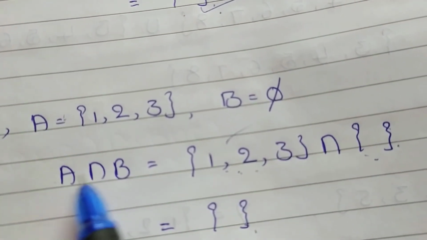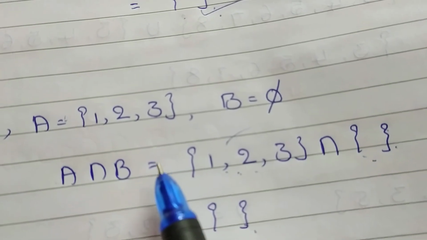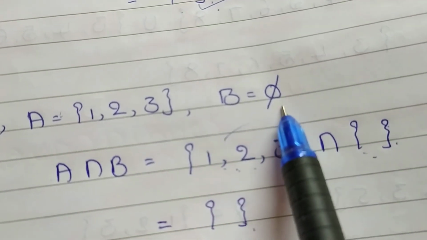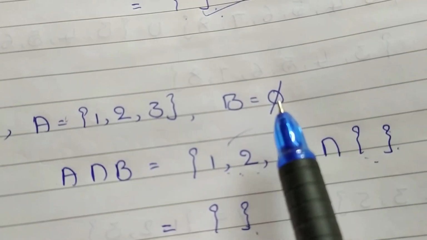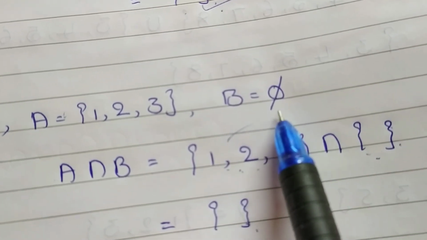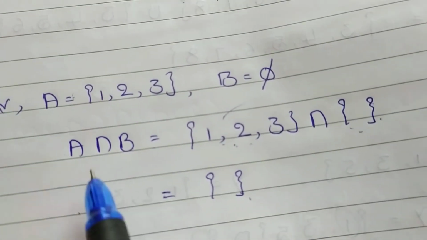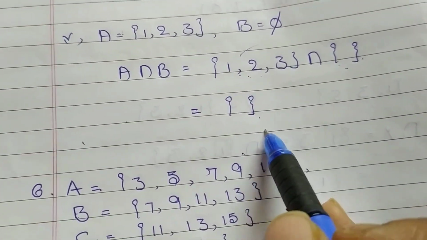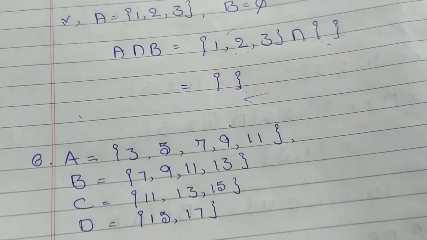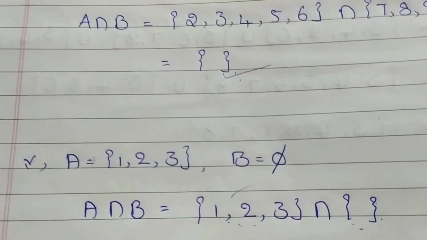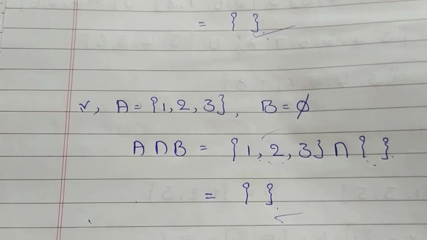That's why they will be disjoint. So you can say that if any set is a null set, then it will be disjoint with the other sets. Okay. So A intersection B is a null set. That's why A and B are disjoint. So we'll stop here. From the next problems we will do in the next class.